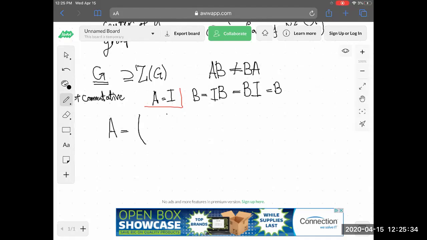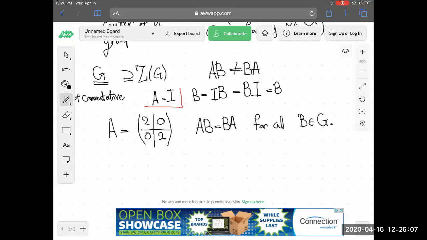Any 2 by 2 matrix which commutes with every matrix B? Okay, what about this one? 2, 0, 0, 2. Does this one commute with any matrix B or not? Is it a correct statement or not?